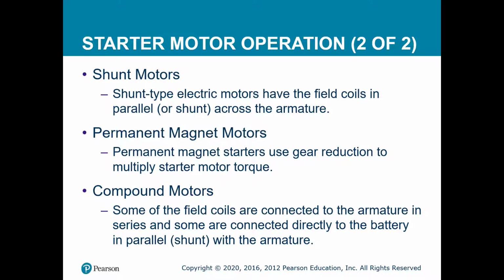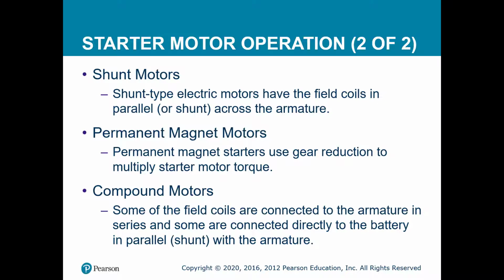Some small electric motors, such as those used for windshield wipers or maybe a window regulator, might be small enough, and those will be the shunt style motor. Pretty much all cars nowadays are using the permanent magnet gear reduction style motor.